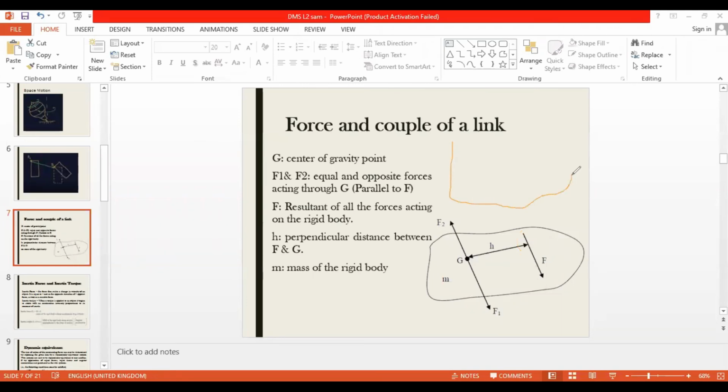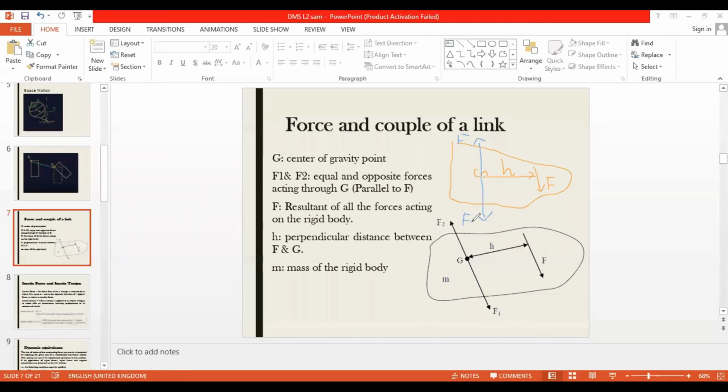I will draw this diagram again. Assume it's the same diagram, even if it is not. Here I have a G, here I have an F, acting at a distance h. This is the perpendicular distance from G to this F. These are the given data. What I do is add one force here and one force here without disturbing the equilibrium of the system.